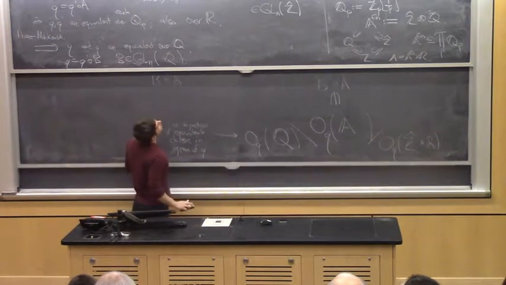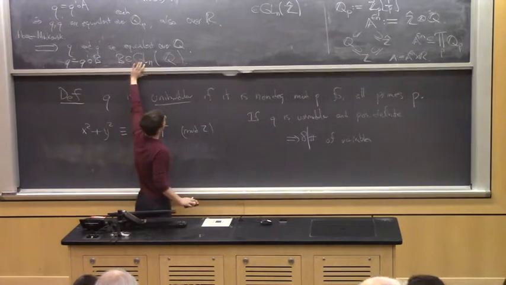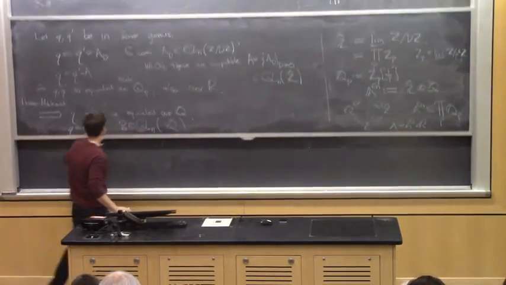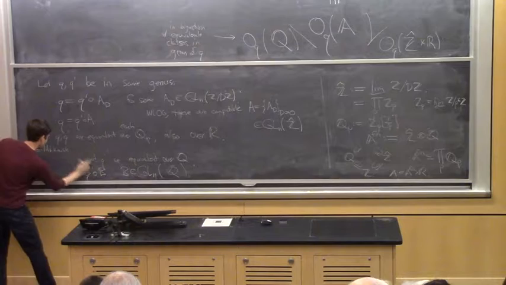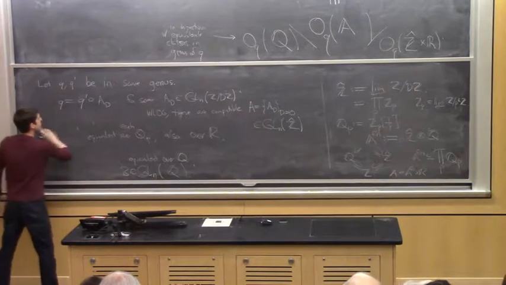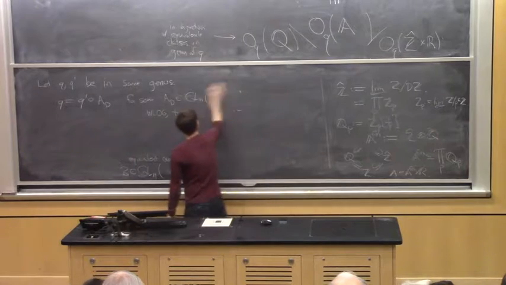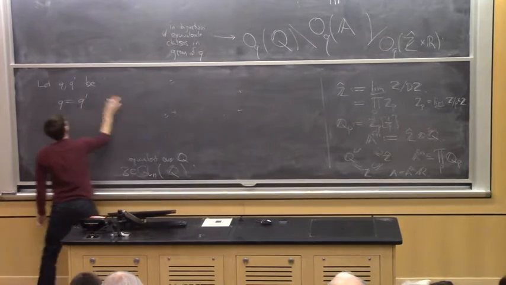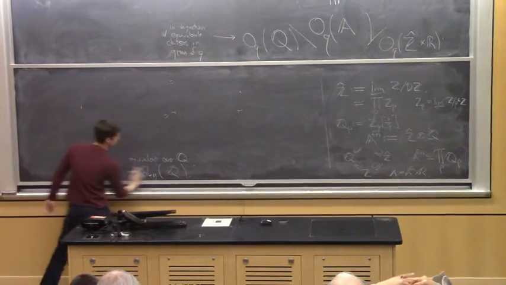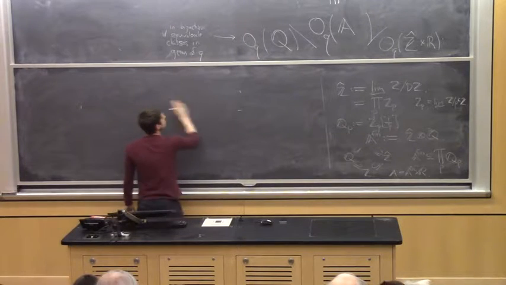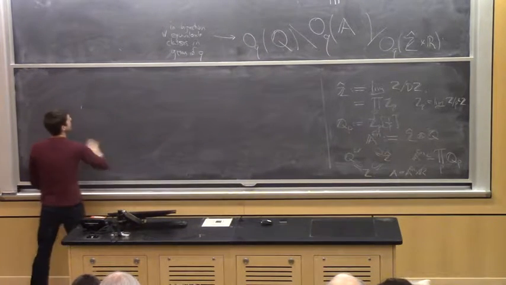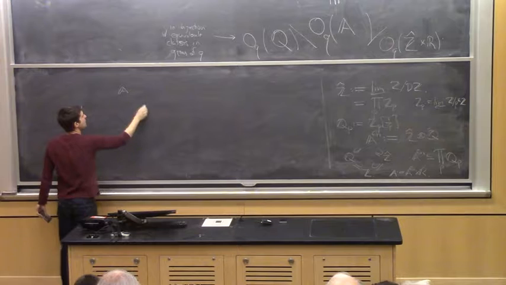Okay, so the next ingredient in the story is the observation that these groups have a lot of structure that you can exploit. So this ring of adeles is not just a ring, it has a topology on it, which makes it locally compact.